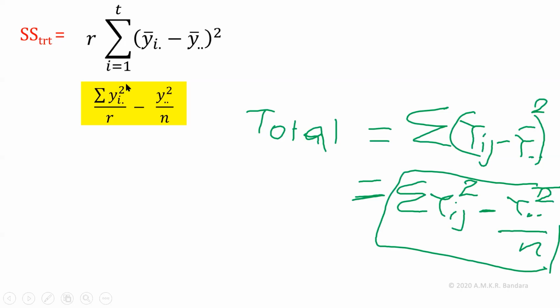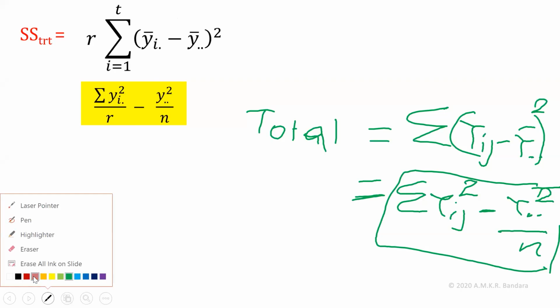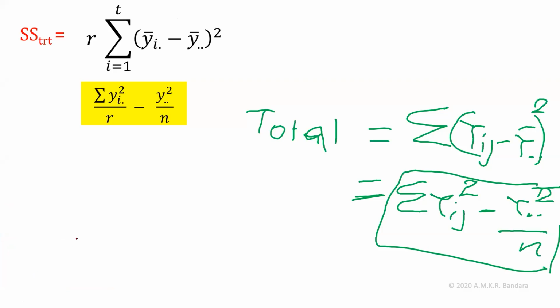Similarly, we can write an equivalent formula for this one. It is a shortcut of this formula: the summation of yi dot squared divided by r, minus y dot dot squared divided by n. You can see we have a common part.